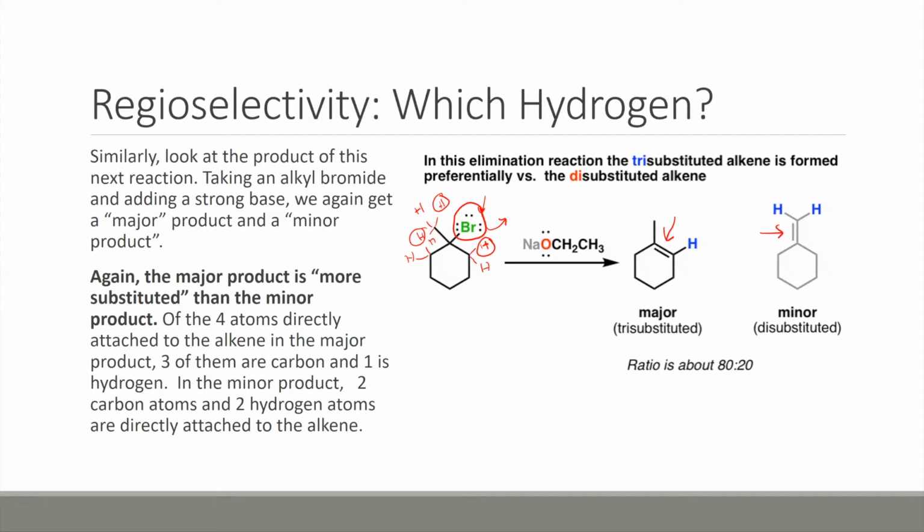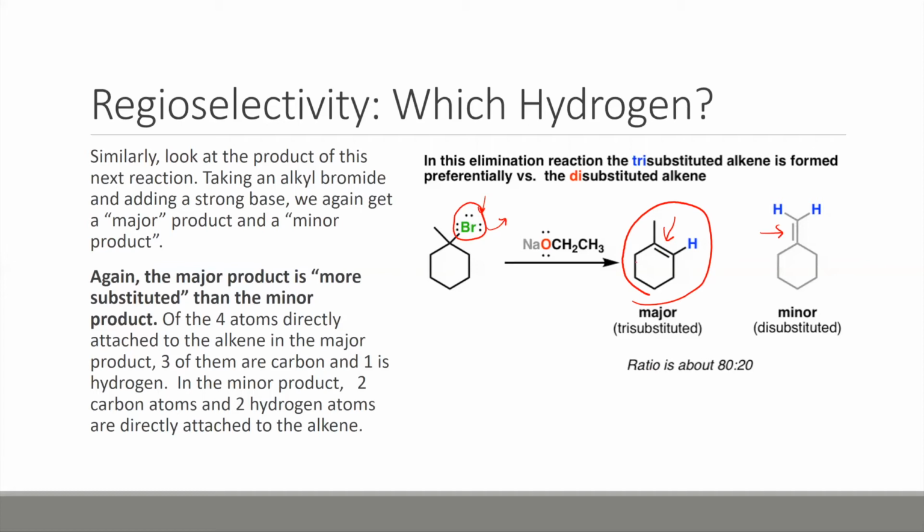Notice that there are only two products. That's because if bromine leaves with a hydrogen from here or here, you get the same product. But generally, the thing that is controlling the major product here is the substitution. So this product in which it forms a double bond within the ring is more substituted.